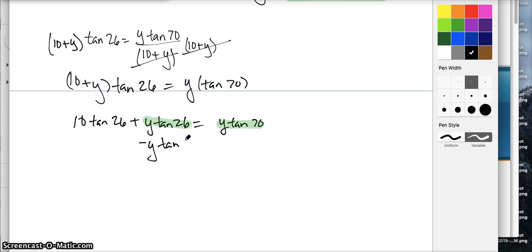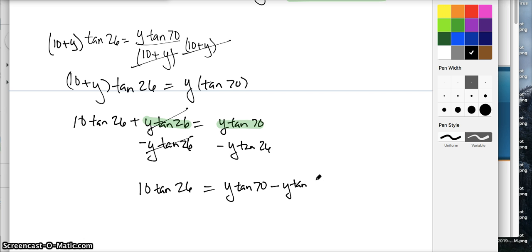So I'm going to subtract y tan 26 on this side as well. What I'm left with is 10 times the tangent of 26 is equal to y tan 70 minus y tan 26.